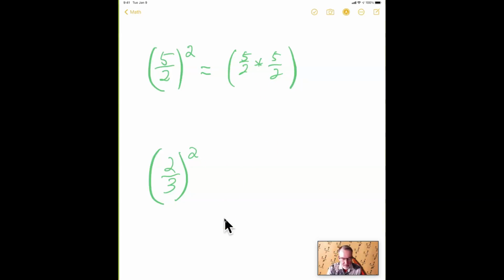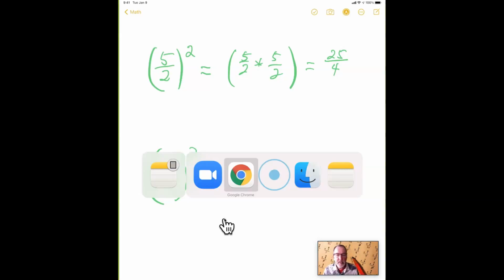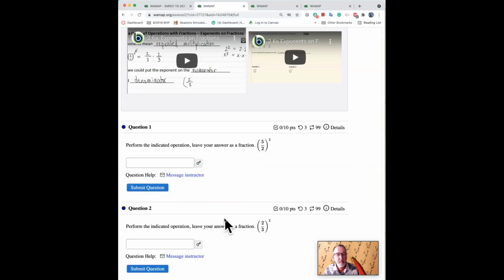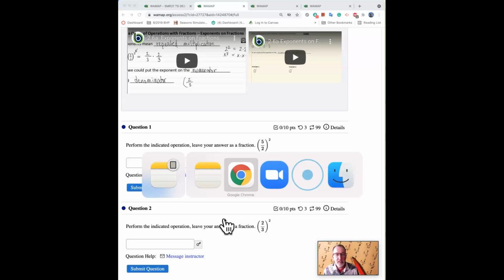So we're going to get 5 times 5, that's 25. And 2 times 2 is going to give us 4. And then, I don't remember what the instructions said. Leave your answer as a fraction, okay? So they don't want us to change it to a mixed number.